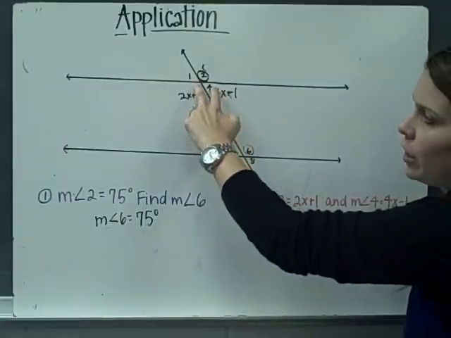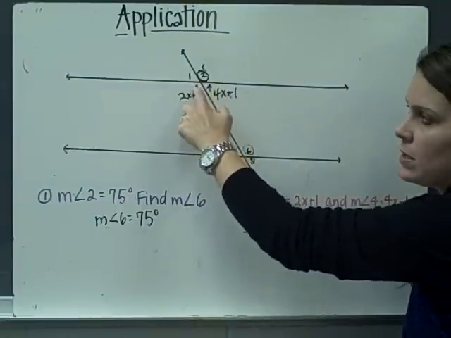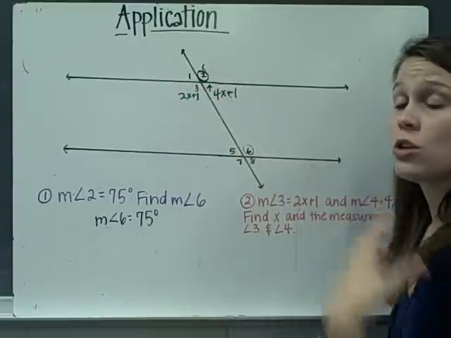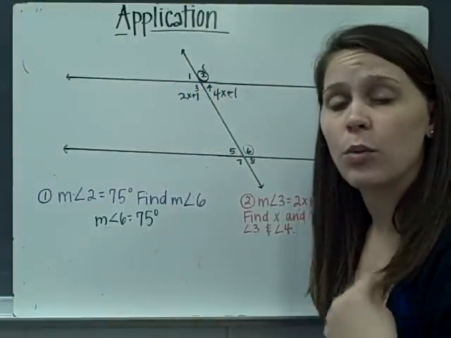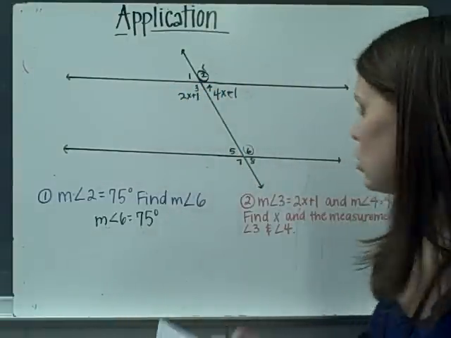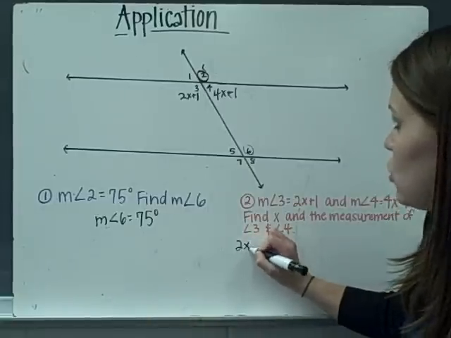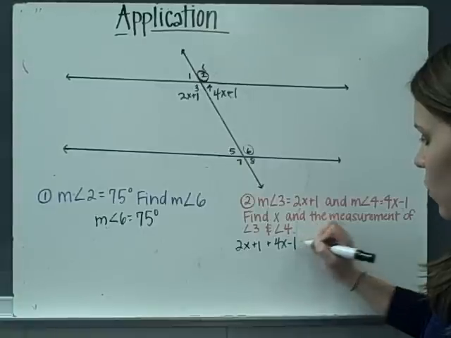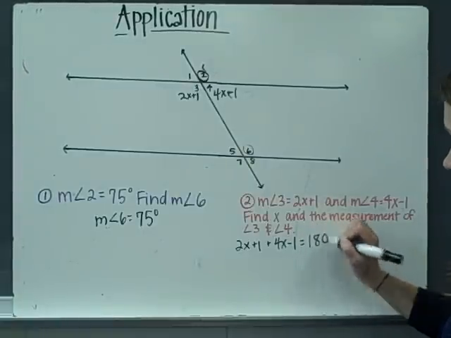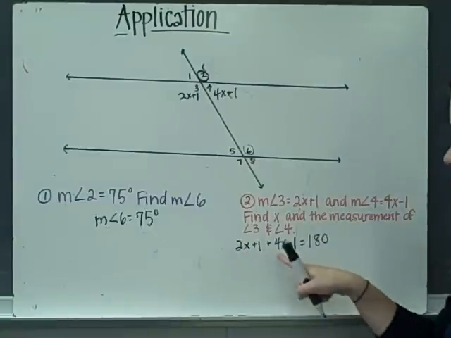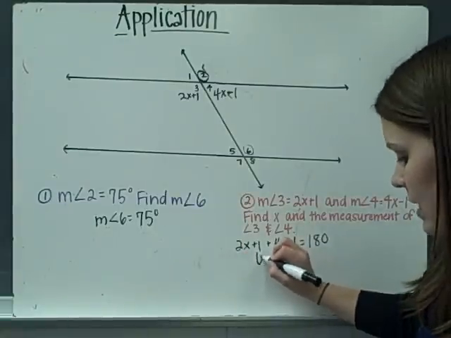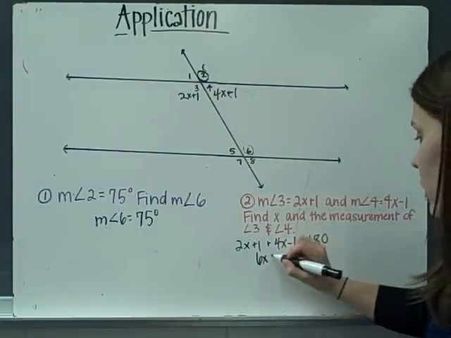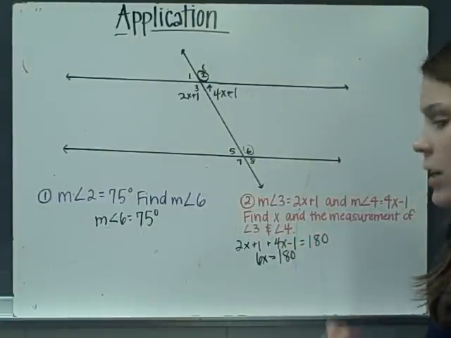Well, these two are adjacent angles, so they're right beside each other, and they are supplementary because they're making this straight line. So we know that if we add them together, we should get 180 degrees. So we are going to add 2x plus 1 plus 4x minus 1 to give me a total of 180 degrees. Well, 2x plus 4x is 6x, and 1 minus 1 gives me 0, all to equal 180 degrees.